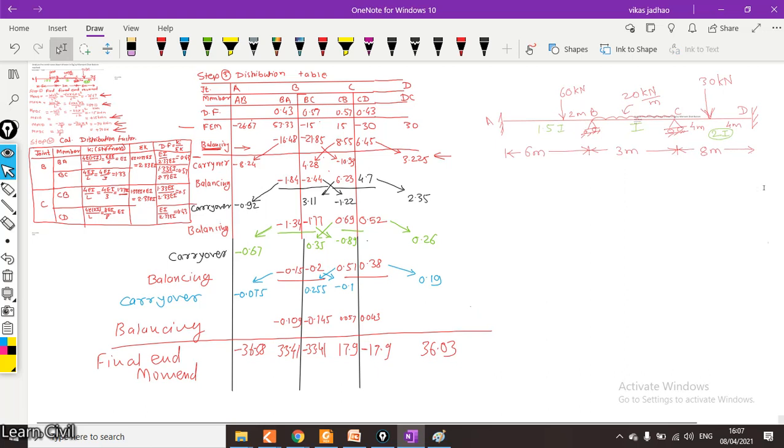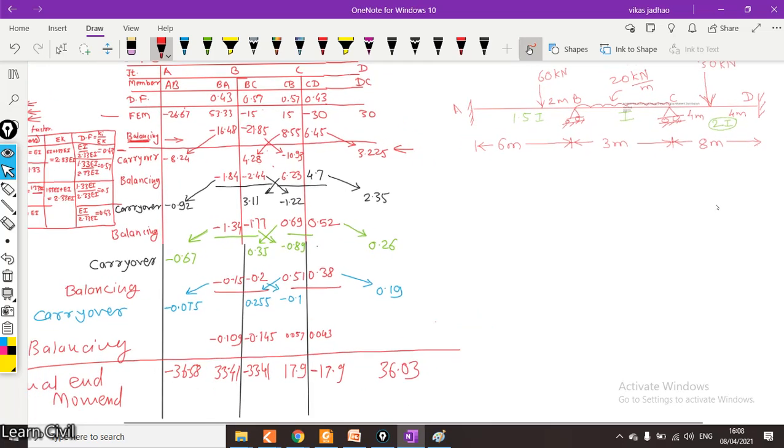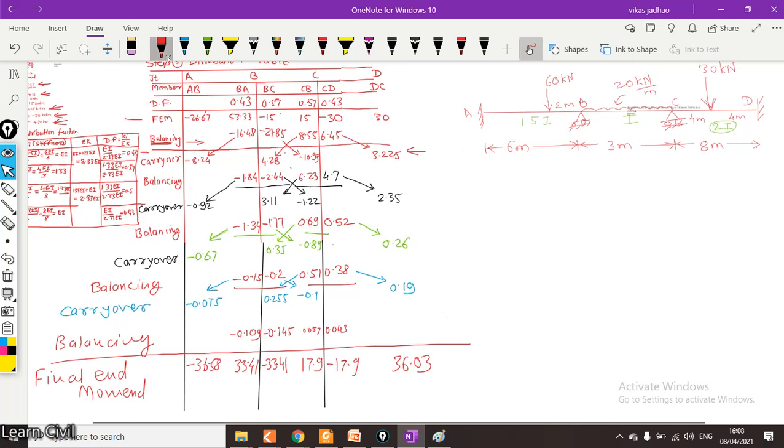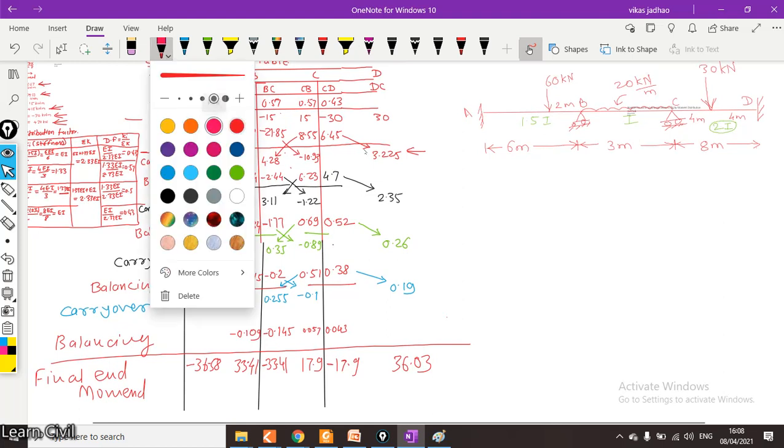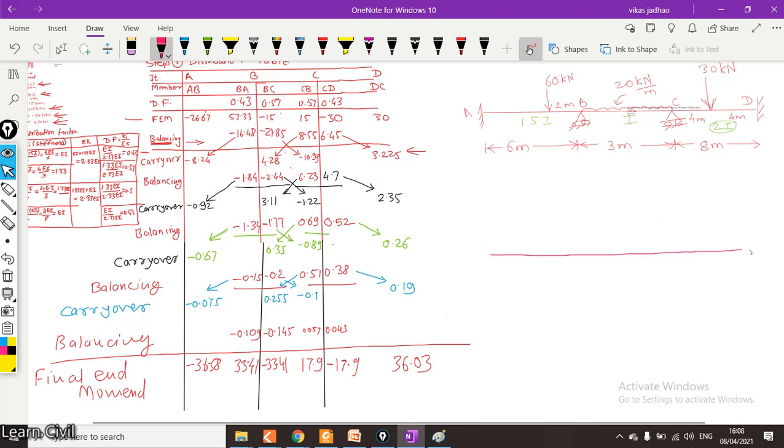Now we have to draw the bending moment diagram. First we will be drawing the free bending moment values. So this is your reference line.